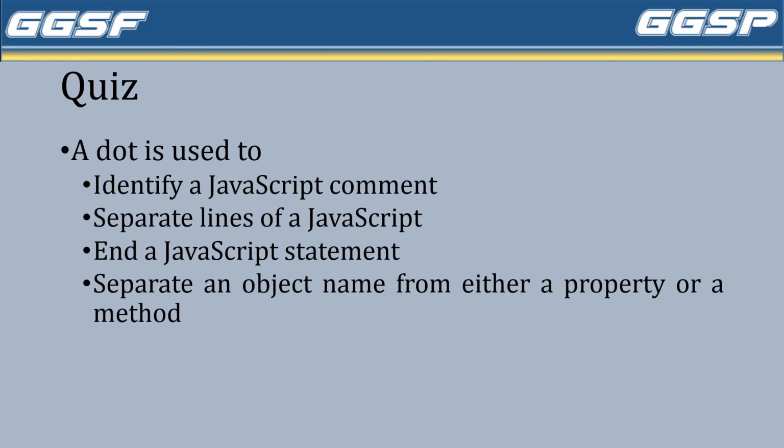Fourth question. A dot is used to identify a JavaScript comment, separate lines of JavaScript, end a JavaScript statement, or separate an object name from either a property or a method. So think about the answer and be quick.